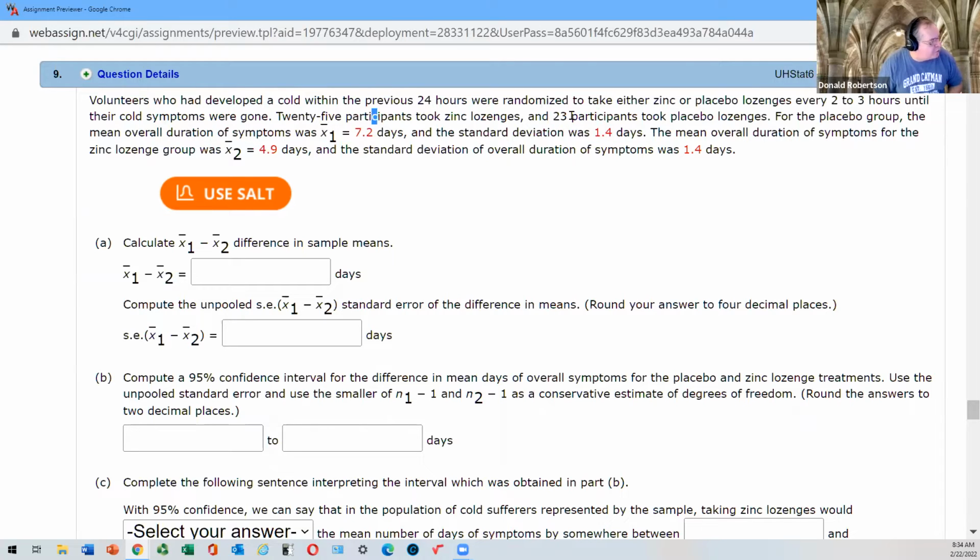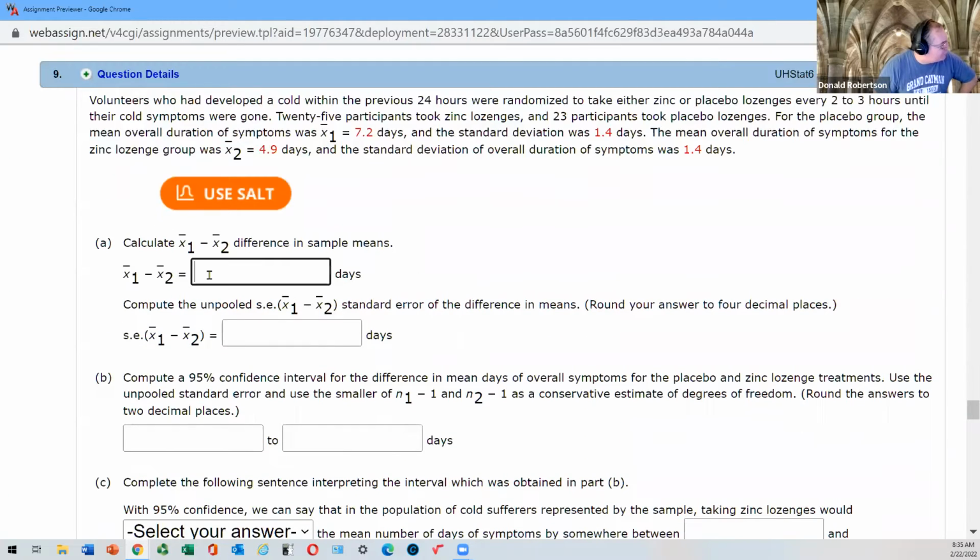Do you notice how they said it one way and then they switched the data later, which is what got me. And if you take the other group, 4.9, that makes more sense. And it's 1.4 as well.